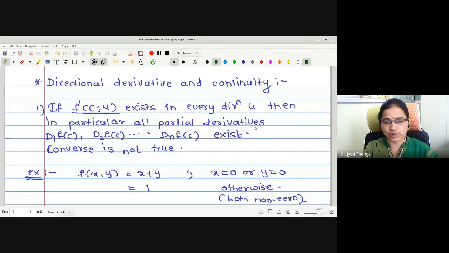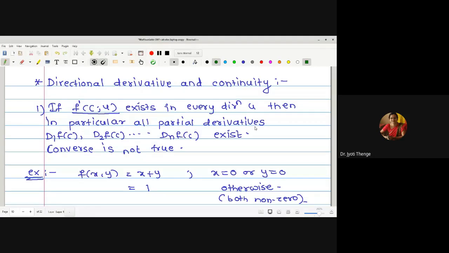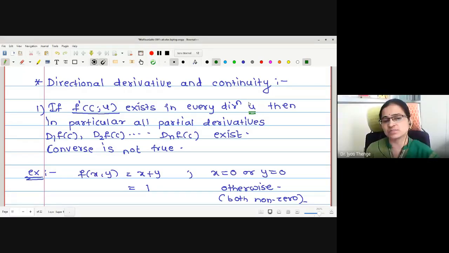Later, we moved to understand the relation between directional derivative and continuity. The first result we have seen is that whenever the directional derivative exists in every direction u, then all partial derivatives exist, but the converse is not true. Why does existence of the directional derivative give us existence of the partial derivative?